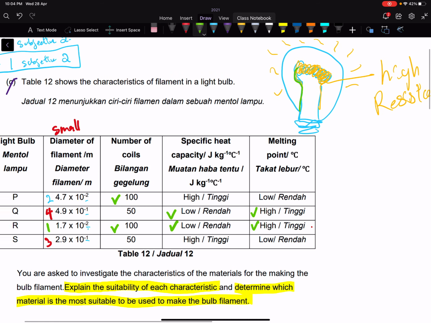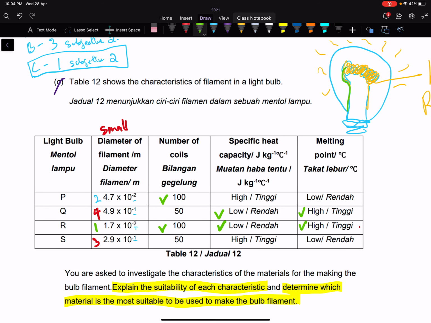Okay, so now compare. So we want to determine which material is more suitable. So let's have a look. Which one actually satisfies all our requirements? So let's have a look at these three first.